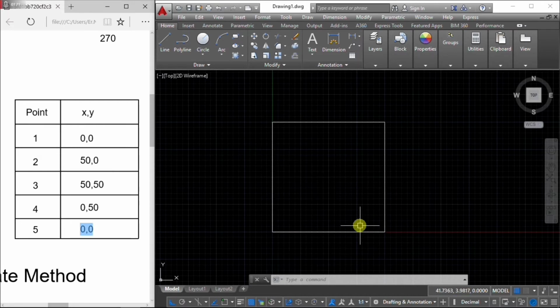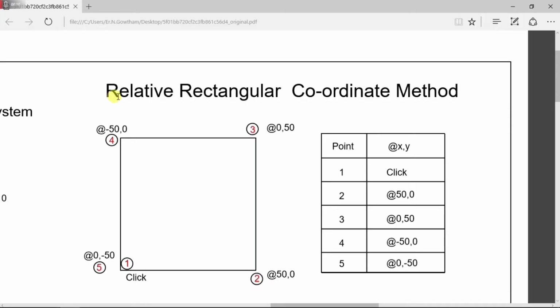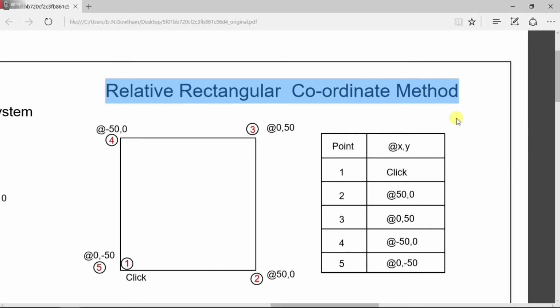By this method, you can draw this diagram, and also we are able to create the same diagram by using the relative rectangular coordinate method. In this method, we are able to measure each and every point with reference to the previous point. The first point you specify on the screen wherever you want. Then the second point is measured from point number 1, and the third point is measured from point number 2.